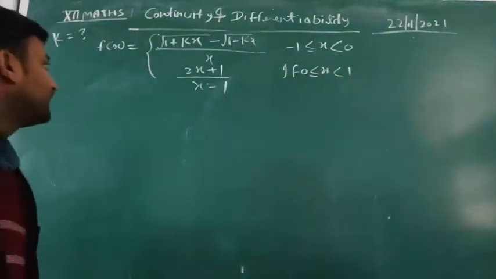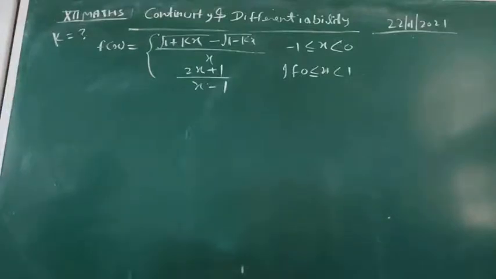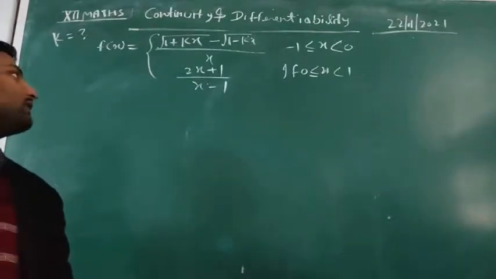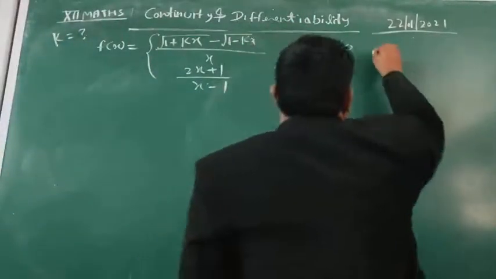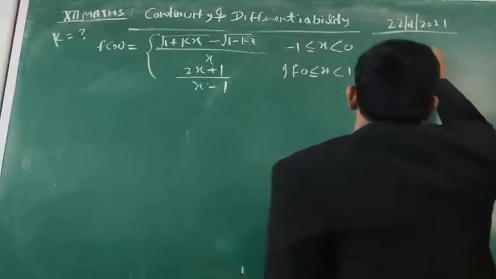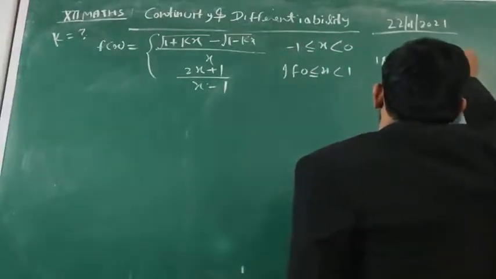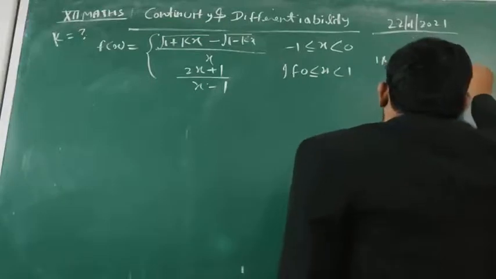Students, so the question is find the value of k when the function (under root 1 plus kx minus under root 1 minus kx) by x, when x is greater than or equal to minus 1 and less than 0, and (2x plus 1) by (x minus 1) if x is greater than or equal to 0 and less than or equal to 1, is continuous at x is equal to 0.